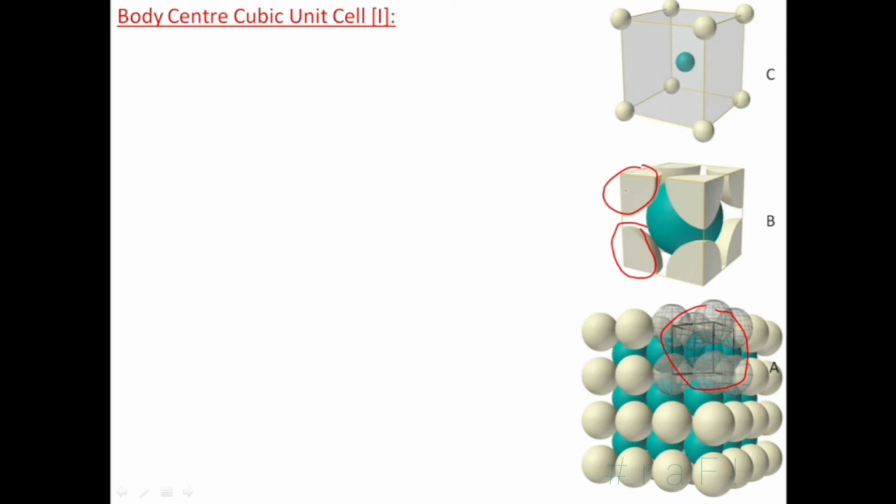These atoms are shared with their neighbors, and here one more center atom is there. You can see a blue atom. That body center atom is not shared by any other unit cell. And in figure C, you can see these are the lattice points, and it is only a body centered cubic unit cell.